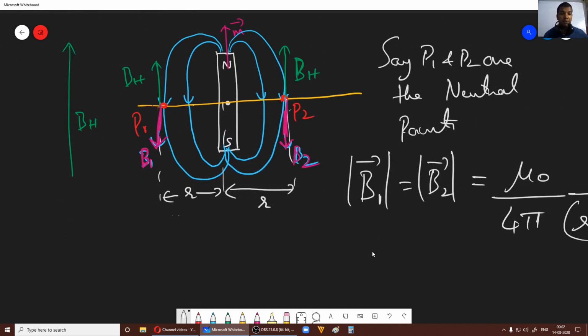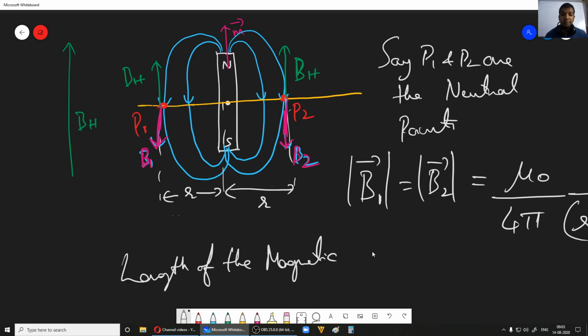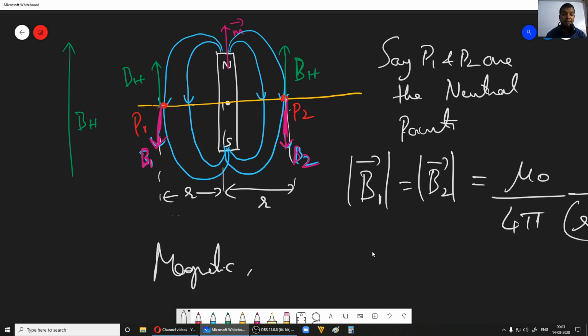As usual, let us consider the length of the magnet to be 2l. The magnetic length, the distance between the poles, is 2l.